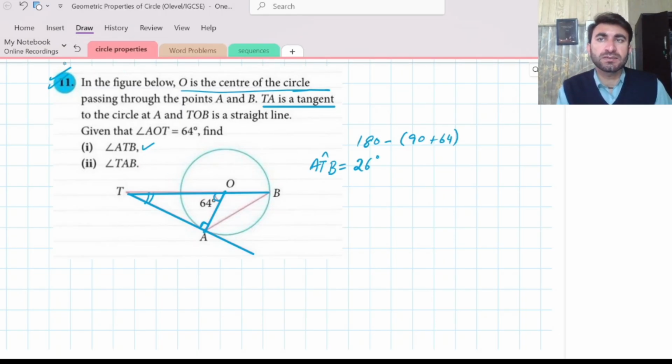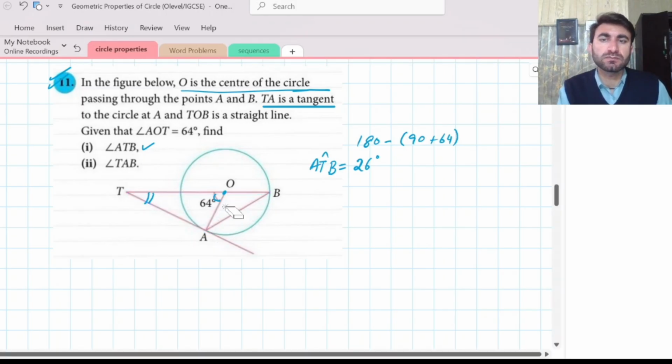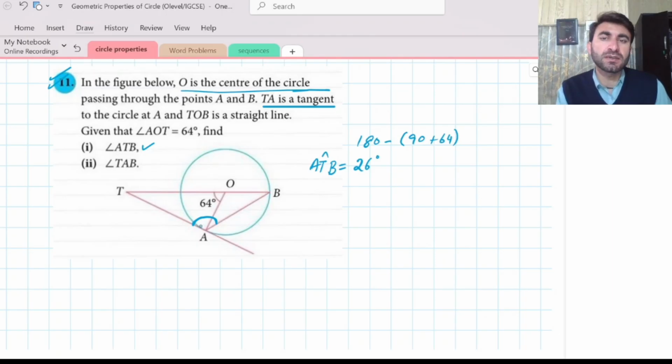First, let me clean some area. Angle TAB actually lies over here. We know it is basically the sum of these two angles. One angle is 90, we know, and the other part of the angle lies in the triangle OAB. We can draw the triangle OAB again over here.